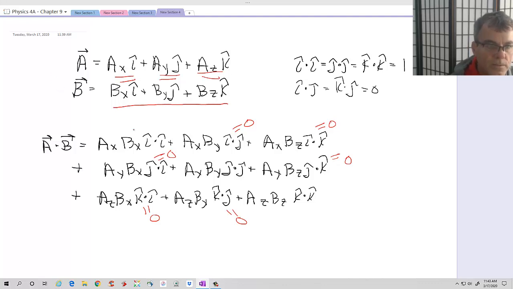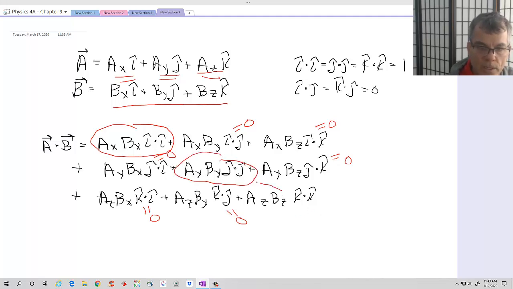The only terms that survive are ax bx I dot I plus ay by j dot j plus az bz k dot k.